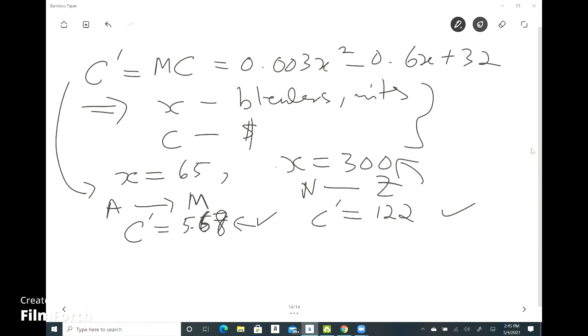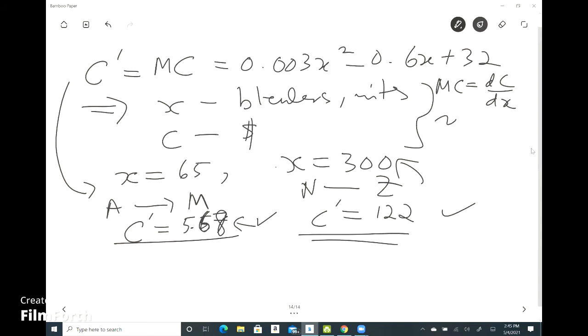So now, how do we interpret this? So here we're talking about marginal cost, all right? So again, you use the concept as per the marginal revenue. So what you've got now is that the marginal cost is equal to dC/dx.